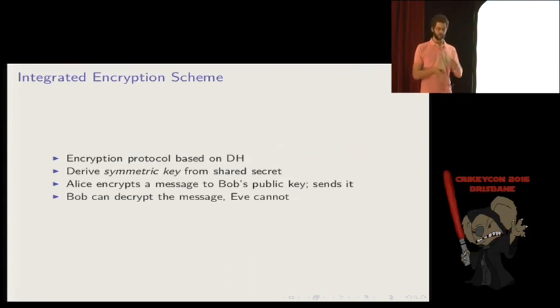So in the end, when you get that group element back, you can reverse the mapping to get the symmetric key. IES computes the shared secret and uses a key derivation function to derive a symmetric key. So yeah, basically Alice encrypts a message to Bob, sends the message to Bob, and only Bob can decrypt that message.